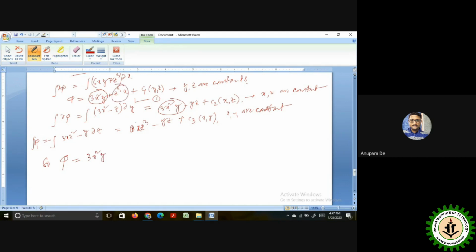Then z cube x is common, so I have to write it once, x z cube, and then minus yz, plus here the constant c will be an arbitrary constant. Is that clear?